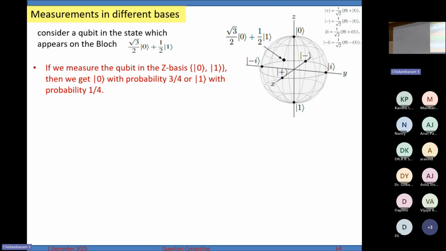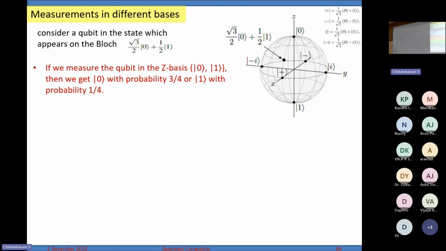What would be the outcome? Now you have the probability amplitudes. For 0, it is root 3 by 2, and for 1 it is 1 by 2, so probability of 3 by 4 for 0, probability of 1 by 4 for 1.